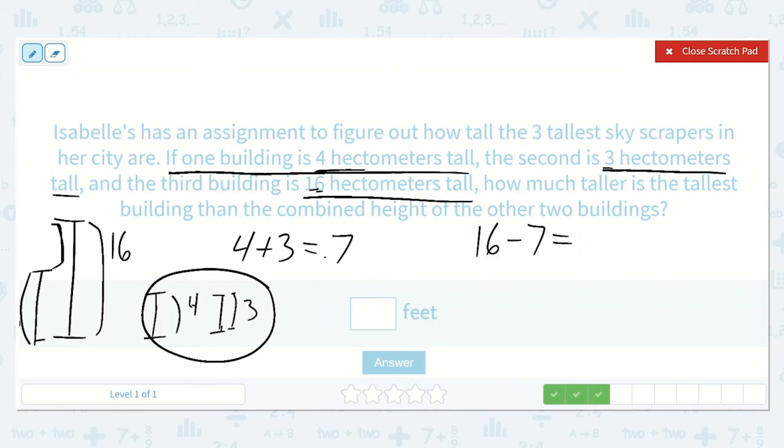If we have 16 minus 7, so we can do 16 dots, 1, 2, 3, 4, 5, 6, 7, 8, 9, 10, 11, 12, 13, 14, 15, 16 minus 7. 1, 2, 3, 4, 5, 6, 7. All right, how many are left? 1, 2, 3, 4, 5, 6, 7, 8, 9. So it is 9 hectometers. All right, so we would write 9.